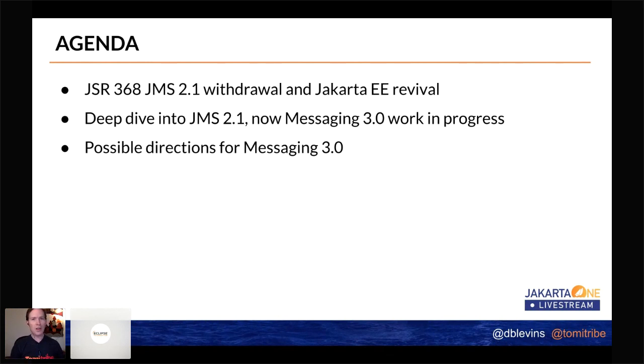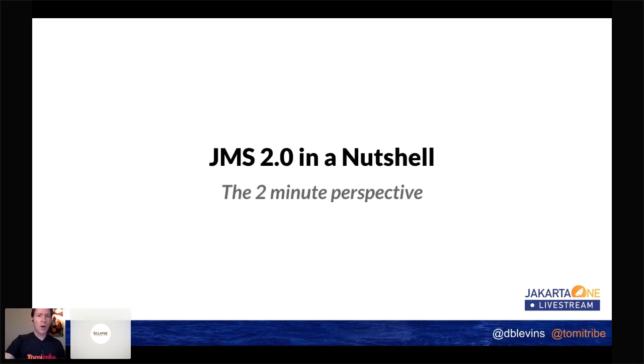We're going to see what API options were there, what was the work in progress, and what could we possibly do with it in what we're going to call Jakarta Messaging 3.0. We opted for 3 versus calling it 2.1 because the changes that we have in mind are just too large. So before we do that, the 2-minute perspective of JMS 2.0.